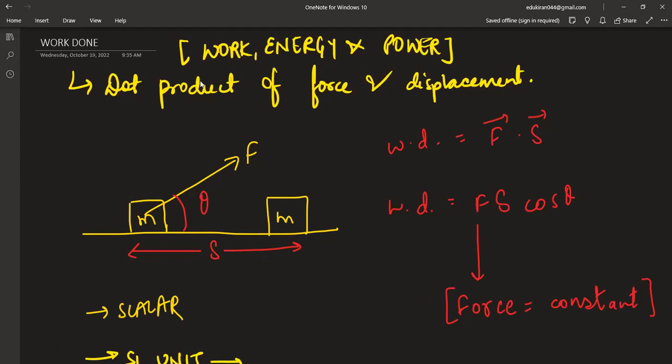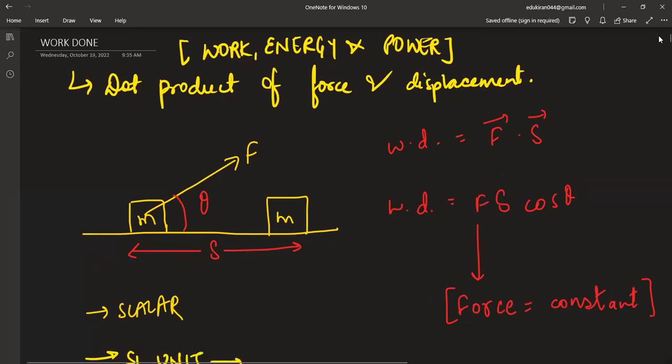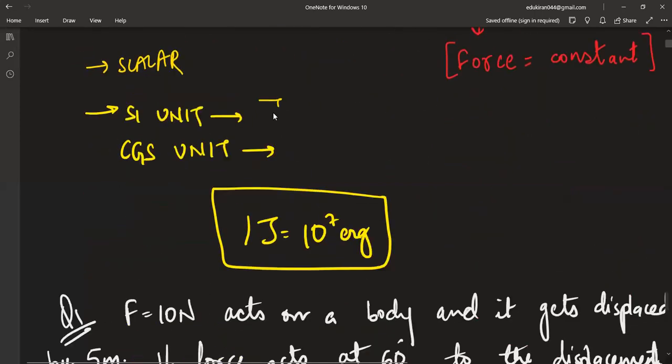And class, work done is scalar, energies are scalar, power is also a scalar quantity. That's why this lesson is short. The tough vector additions and signs and all the directions have been deleted because it's a scalar quantity. You just have to add or subtract. And what is the SI unit of work done? Work done and energy both have the same SI unit, that is joules.